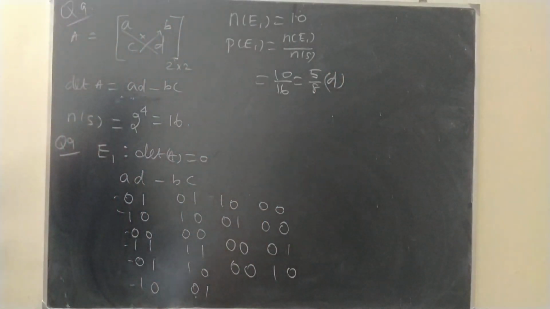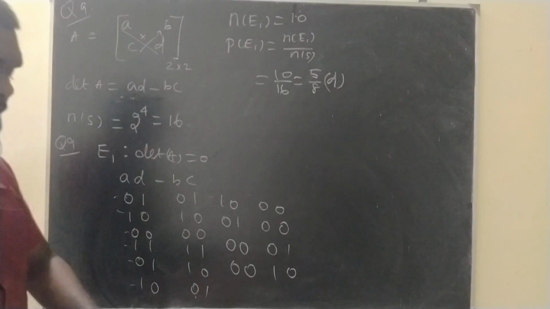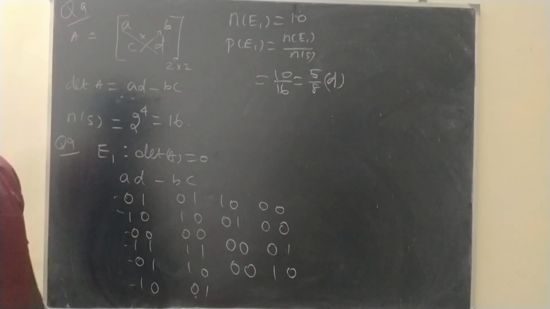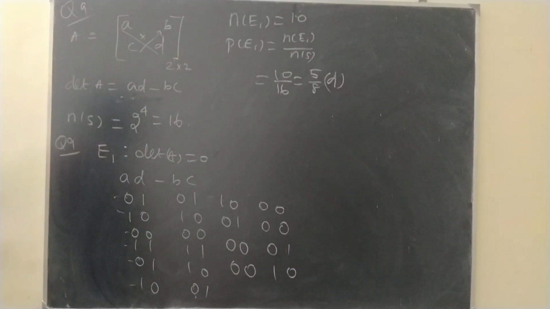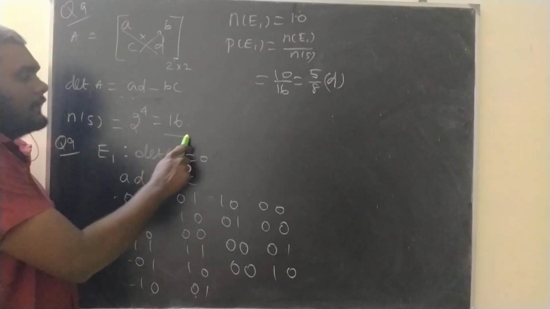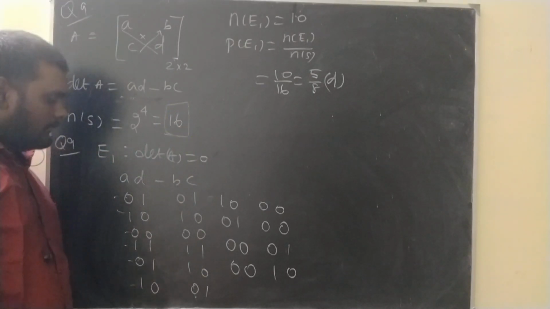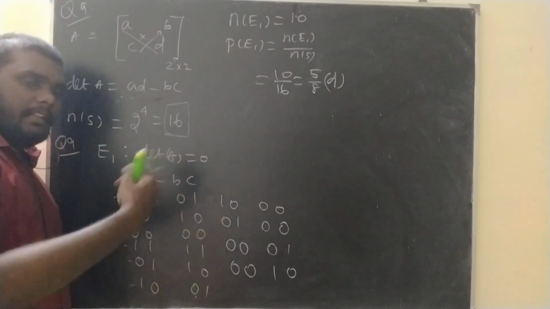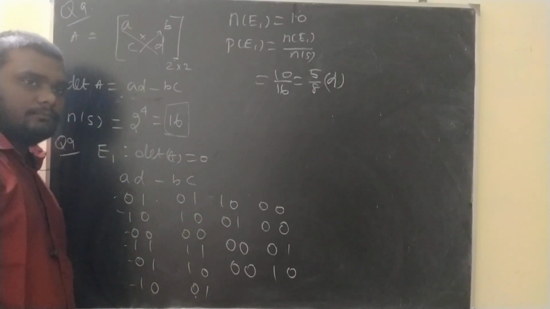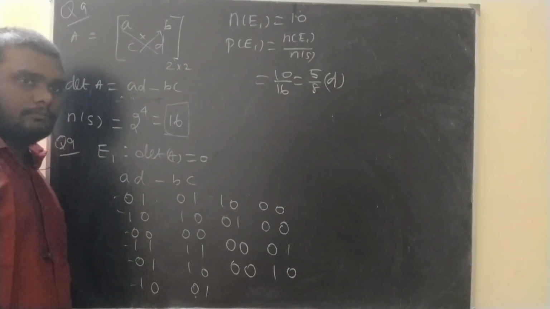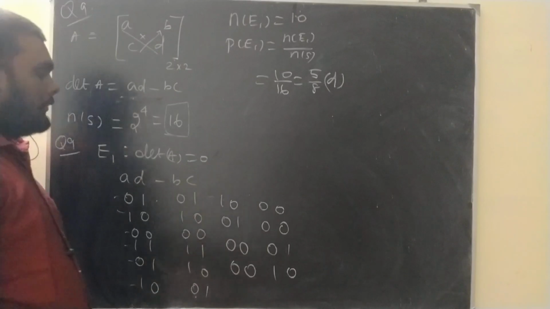Okay. Next question. In the same passage, the probability that the determinant value is non-zero. Now see, totally there are 16 outcomes, among which in 10 we get 0. Then the remaining obviously are non-zero. Non-zero means apart from 0.